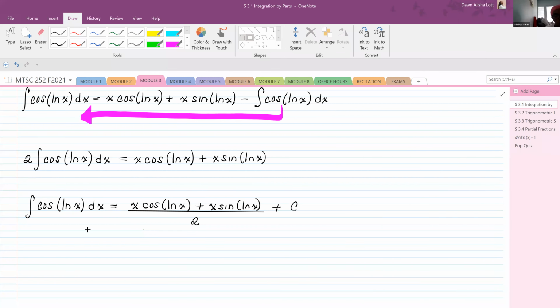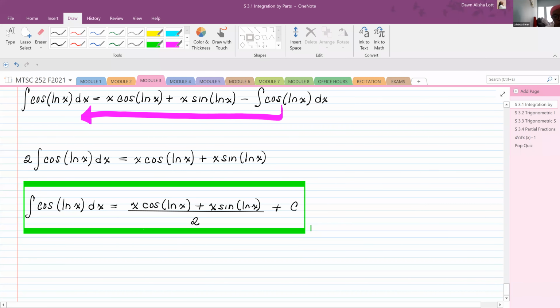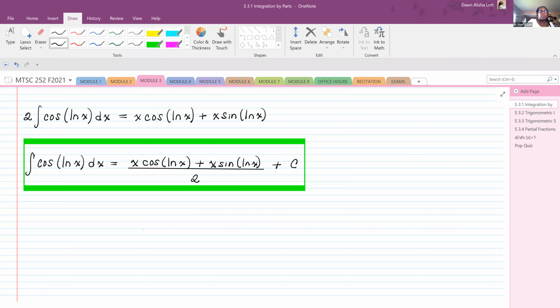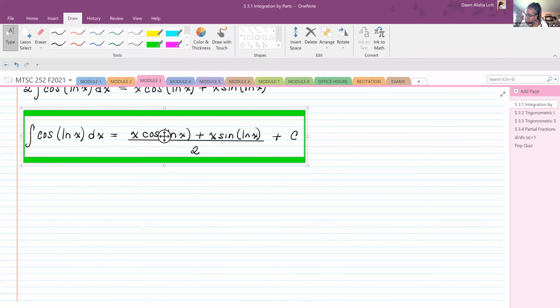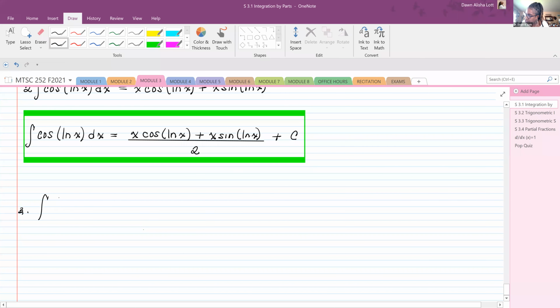Okay, can you tell us why it's 2 in this case, and then why it wouldn't always be 2? Okay, so let me show you why it wouldn't always be 2. So here's the problem. The integral of e to the 2x cosine of 3x dx. Okay, so I'm going to let u equal e to the 2x and dv equal cosine 3x dx.